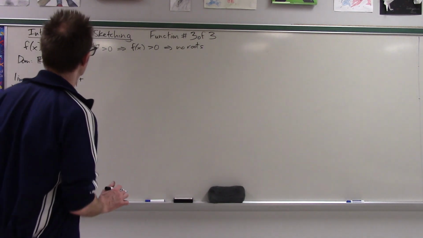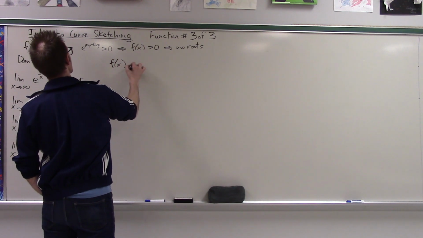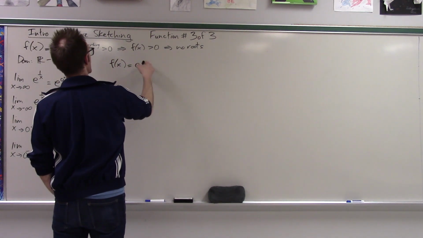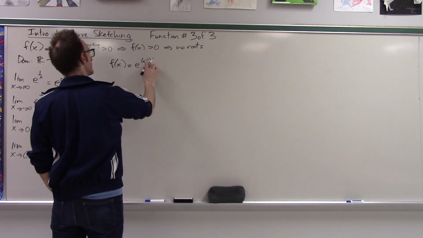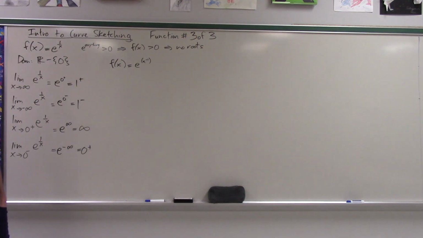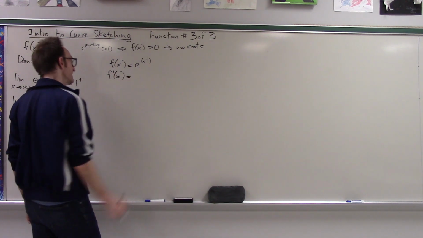I guess we just jump in with the calculus now. So let's take our function. Maybe we want to write it out as e to the x to the negative 1, for purposes of applying the power rule. It's kind of ugly to write it that way, but maybe that's a good idea. All right, let's take the derivative. This might get a little bit messy.